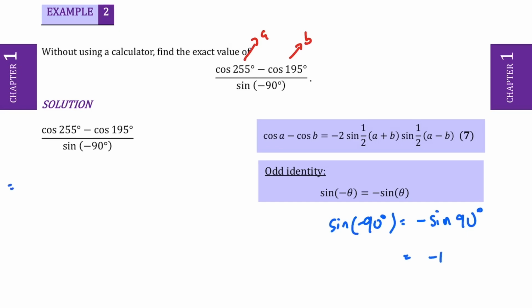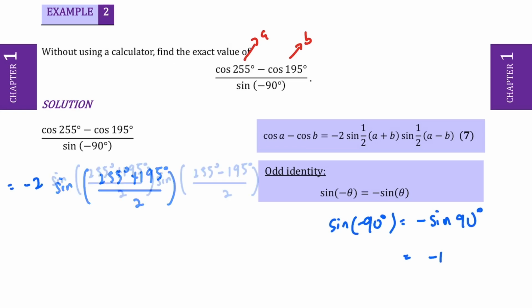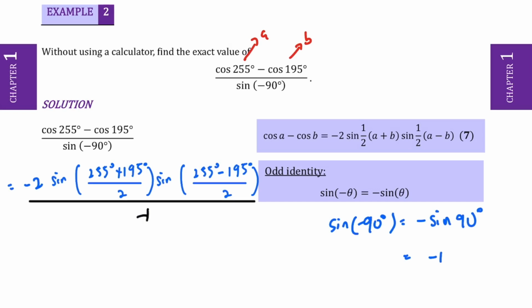Now let's use the formula cos A minus cos B. It will be minus 2 sine in bracket, this is 255 degree plus 195 degree over 2, and the next one is sine A minus B over 2. And for the denominator just now, we get the value of minus 1. Let us simplify: minus 2 divided by minus 1, so you're left with 2.